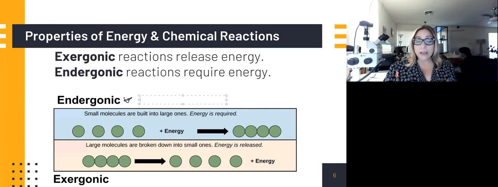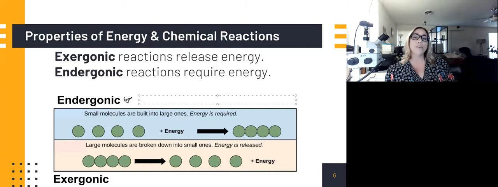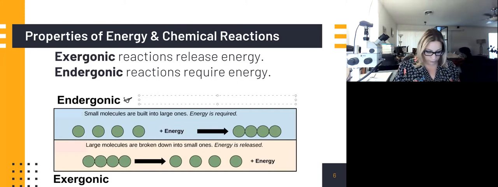So what this means is that energy has to be put into the system, be it like your body or a cell, so that chemical bonds can be built up, right? Endergonic reactions form chemical bonds. So I'm going to write here, energy used to form chemical bonds.